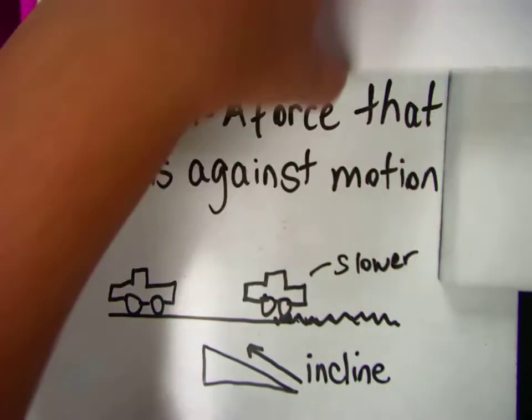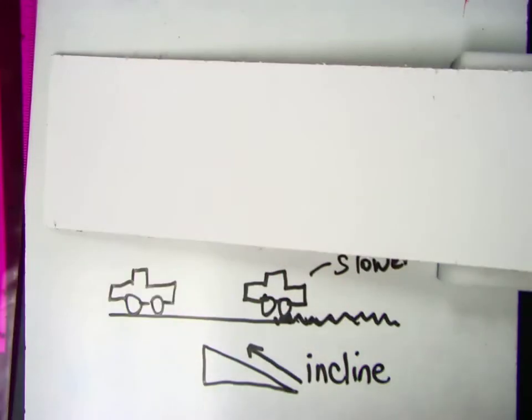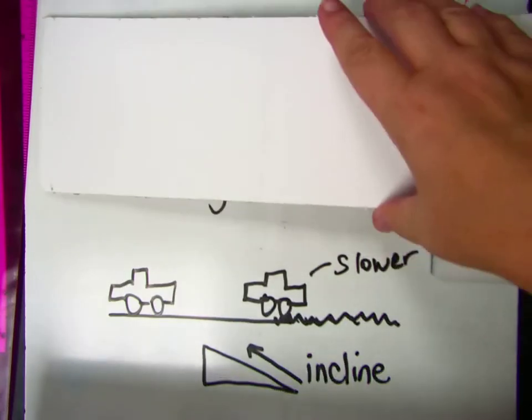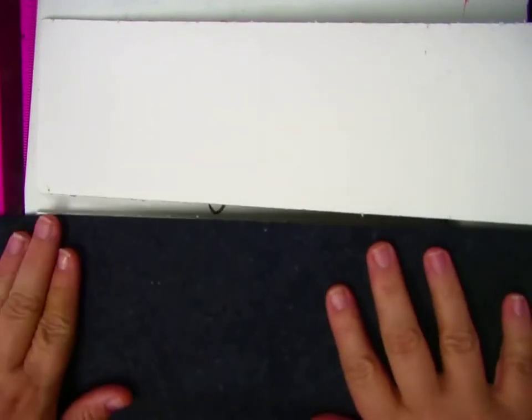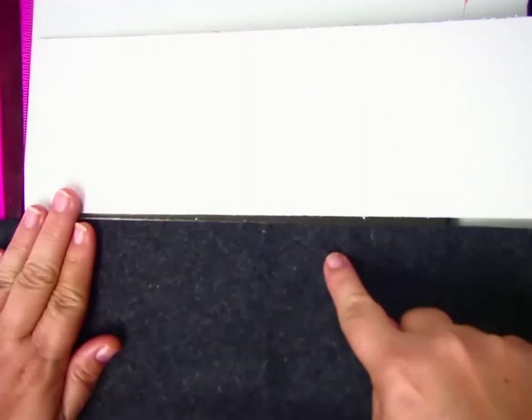Okay, similarly, if I change the surface of the incline, so let's say, for example, I have a plain, smooth incline, and then I make this incline rough, so I cover it in felt. So I have one incline that's smooth and one incline that's a little bit rough because it's covered in felt.